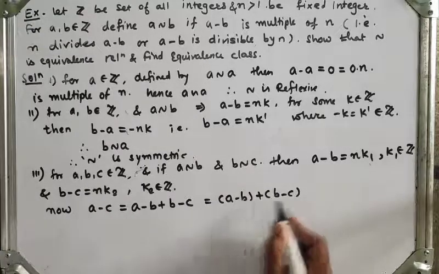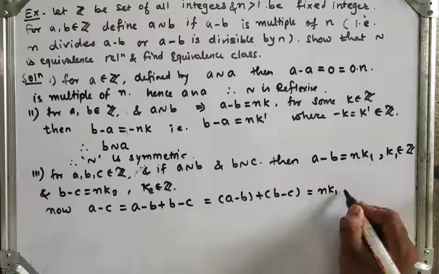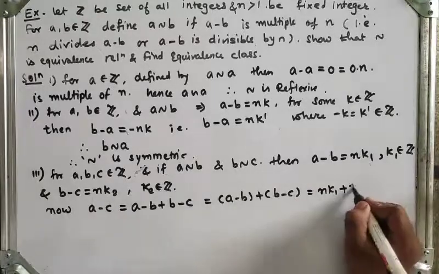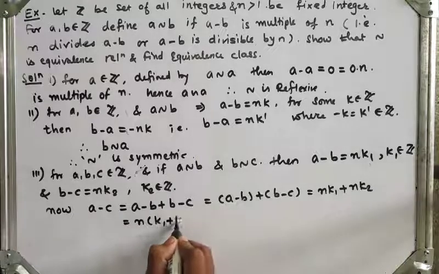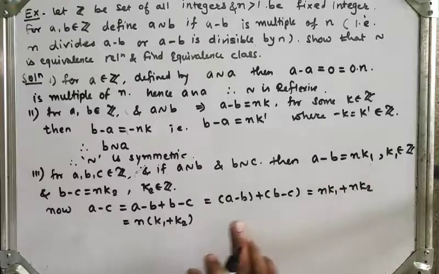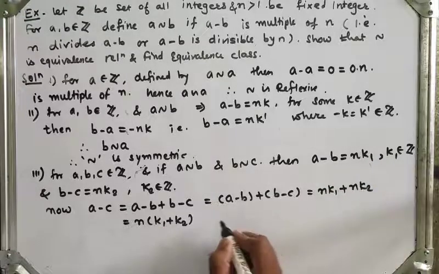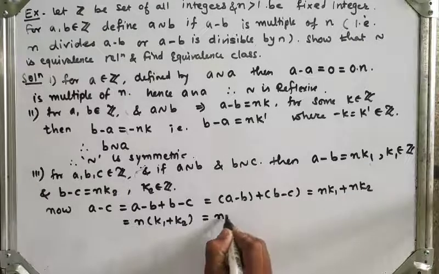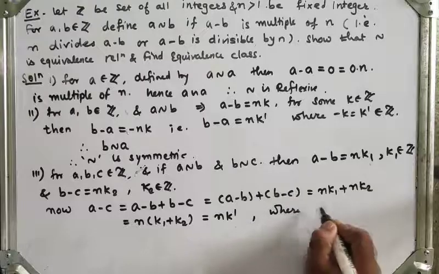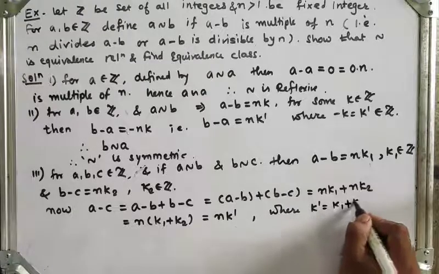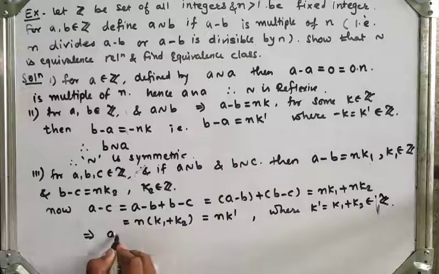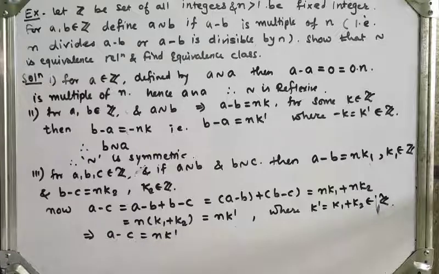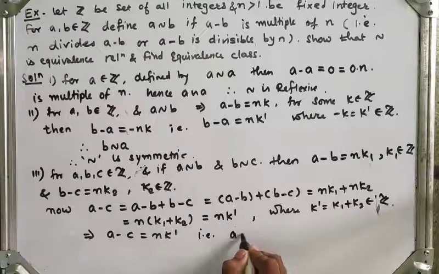So A minus B is n into k1 plus B minus C is n into k2. Take n as common, so I finally get n into k1 plus k2. Here k1, k2 belong to the set of integers, so their sum is again from the set of integers. So I will write it as n into k dash, where k dash is equal to k1 plus k2 from the set of integers. Therefore A minus C is equal to n into k dash, meaning A minus C is a multiple of n, that is, A is equivalent to C.